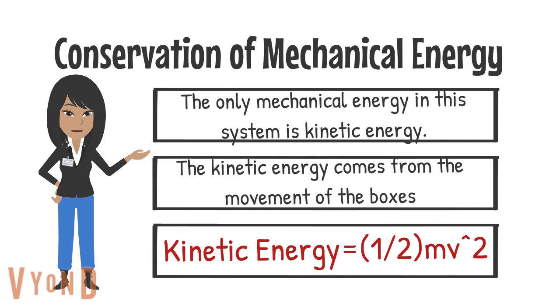Conservation of mechanical energy. The only mechanical energy in this system happens to be kinetic energy. The kinetic energy comes from the movement of the boxes. And the equation for the kinetic energy is 1/2 mv squared.